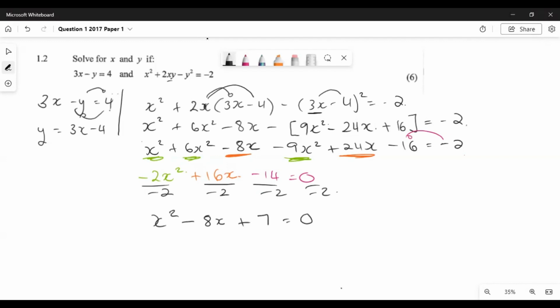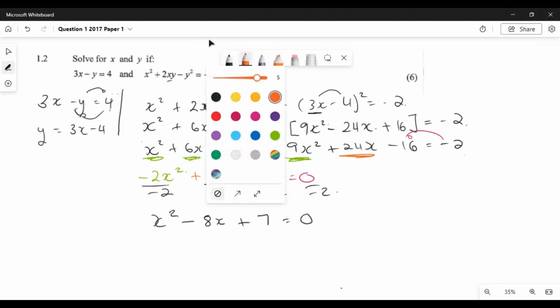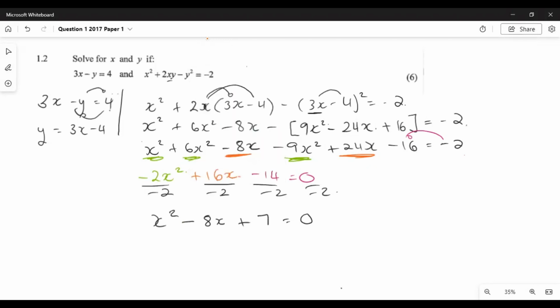So I'm looking for factors of x squared and factors of 7 that when I sum them up, they give me 8 or negative 8 to be more precise. With my x squared, my options are just going to be x, and with my 7, I'm going to use negative 7 and negative 1. So negative 7 multiplied by negative 1 gives me a positive 7.